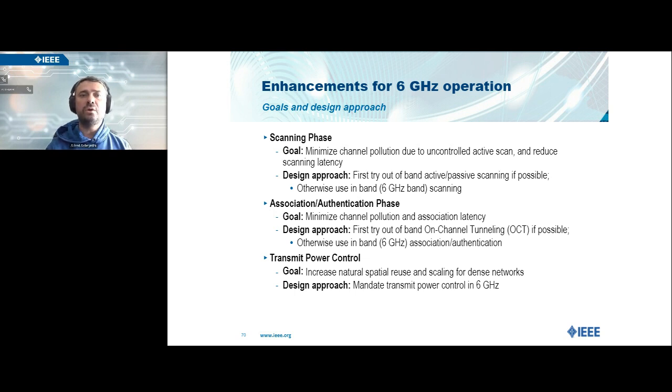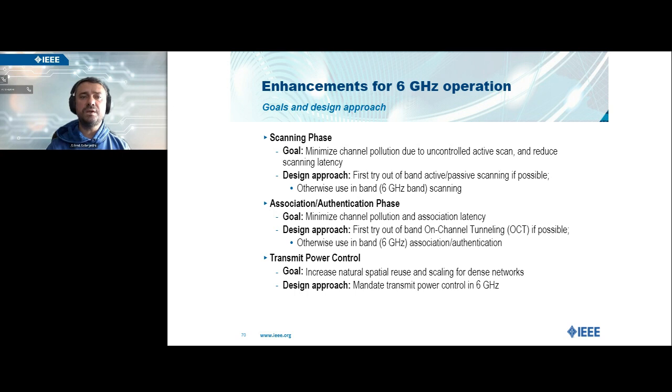We'll go over those in a little more detail, but the simplest thing you can think of is to first try out-of-band active or passive scanning, out-of-band meaning 2.4 or 5 gigahertz. If you find something there, then move to the 6 gigahertz band to associate with that particular BSS that you found. Or if you didn't find it, then use in-band scanning.